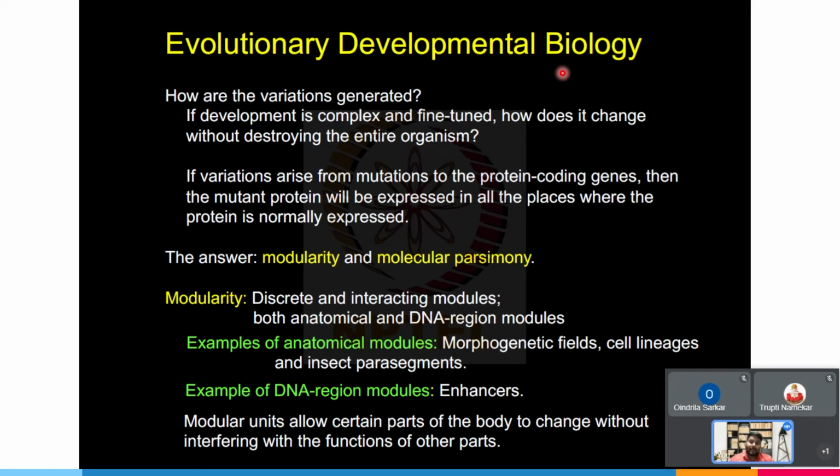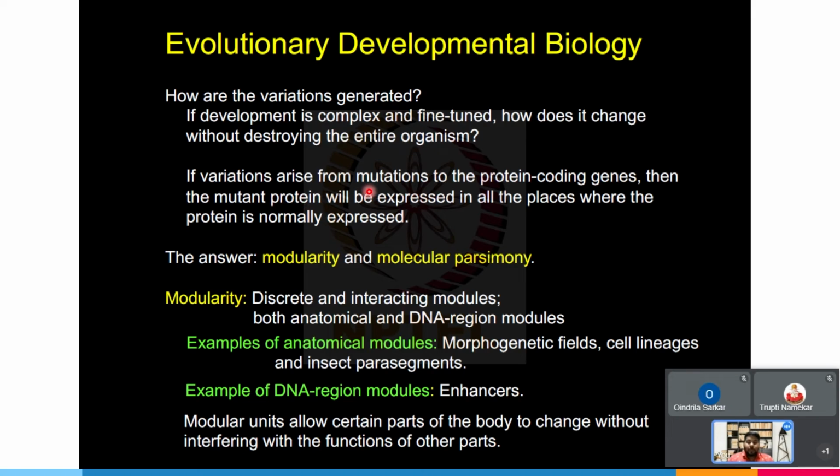So how do these variations in the process of development occur, when development should be very stringently controlled? That is exactly the question in evolutionary developmental biology. How do variation changes arise, even if development is such a complex and fine-tuned process, without destroying the entire organism?